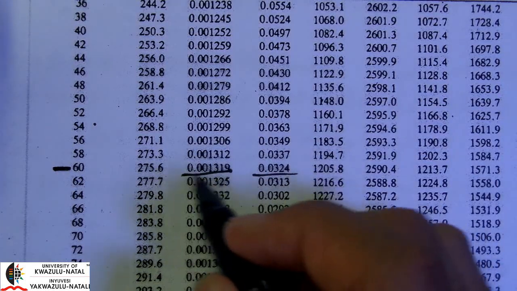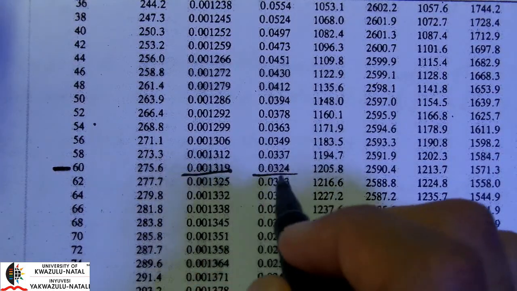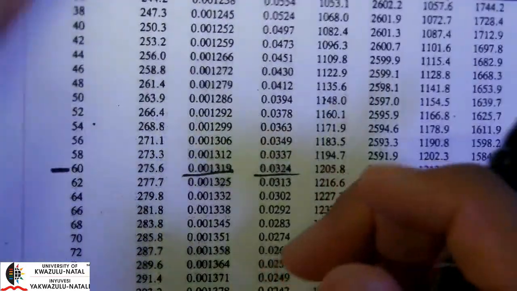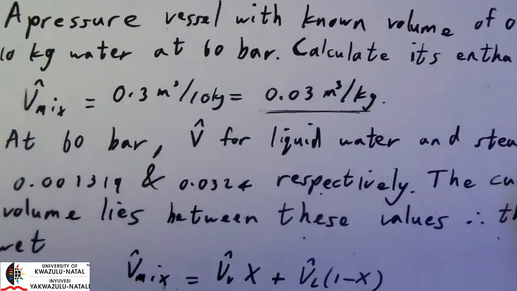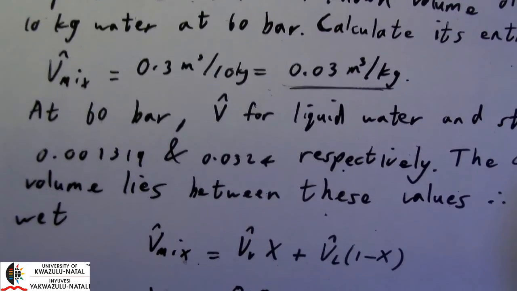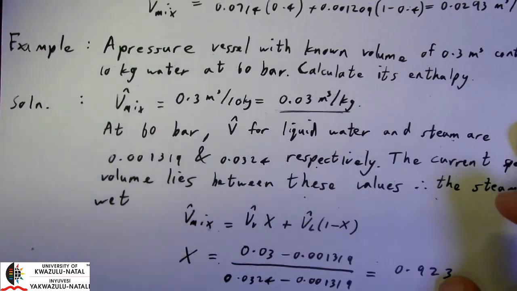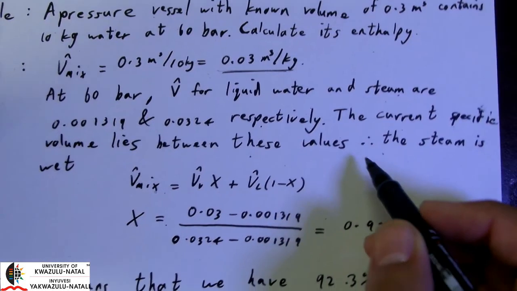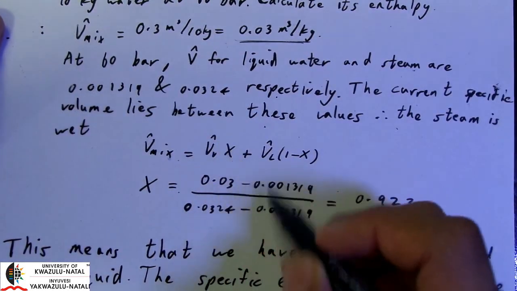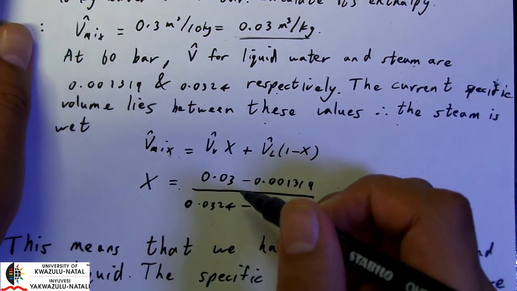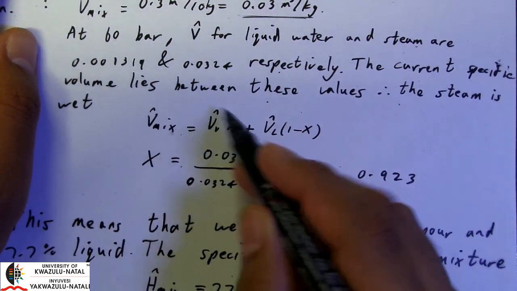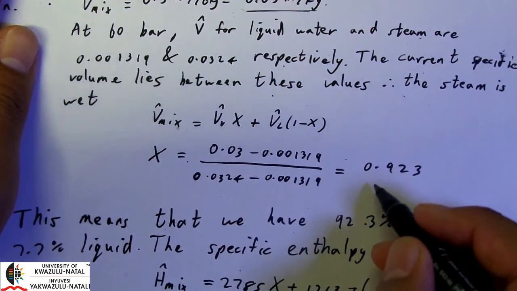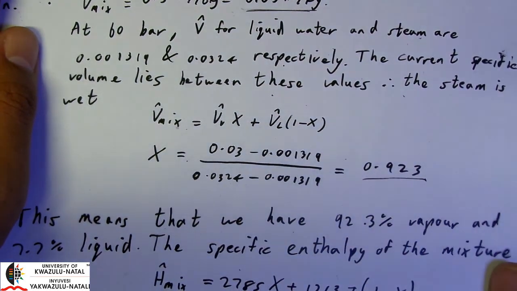Okay, so now that we've established that, we can use these values to actually calculate our steam quality. So we have our V mix, and from our steam tables we could obtain our V for our vapor and liquid phase, and thereafter calculate our steam quality quite easily.